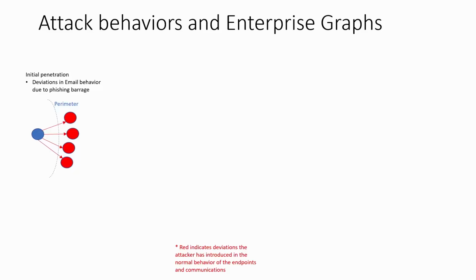So the nodes are computers in this case, or they could be users, or they could be any kind of entity that we can observe. In this case, cartoon, it's a phishing email sender somewhere out on the internet. And the edges are some kind of observable communication. Actually, they don't have to be observable.